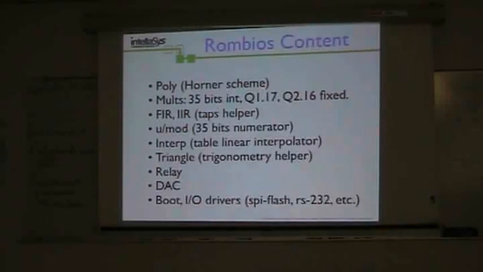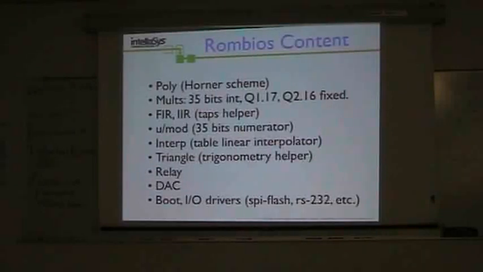We have a table linear interpolator, so basically you can dedicate the whole memory of the core for the interpolation table, and then you call this function from the ROM BIOS, and it will provide you with the data. So I believe if Jeff used this function in his application, he could probably fit it in one less core.